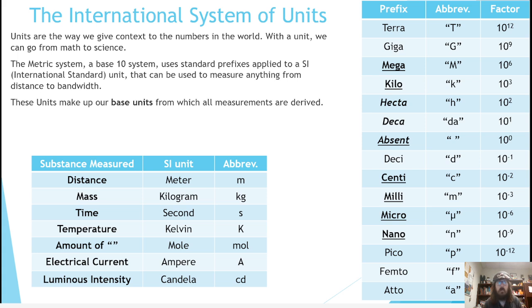Originally, for example, the meter was set based on the diameter of the Earth. There were so many of them in there, and so we could standardize it: this many meters fits in the diameter of the Earth. But now I think it's changed to be in relation to the speed of light.